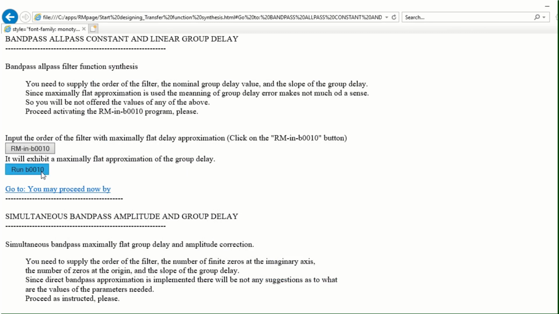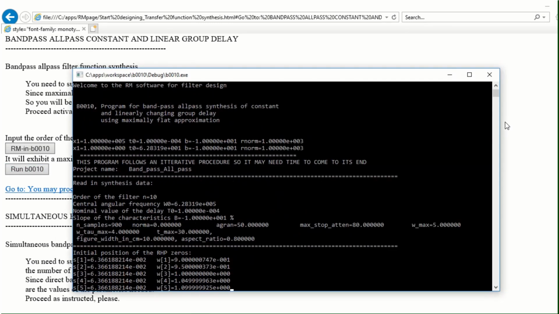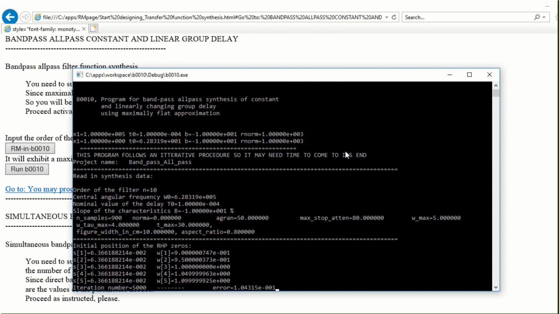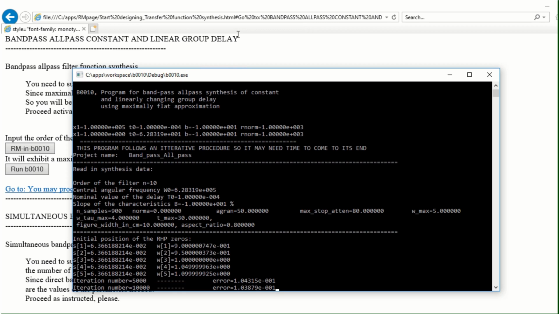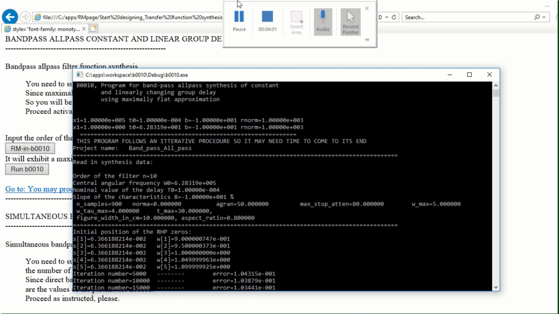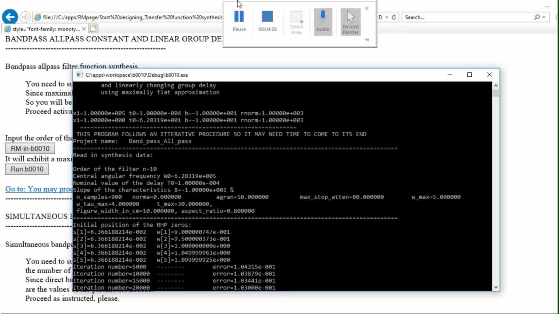Now let's run. This program accepts the values we supplied, but since it runs iteratively and it needs time, we will pause the recording.